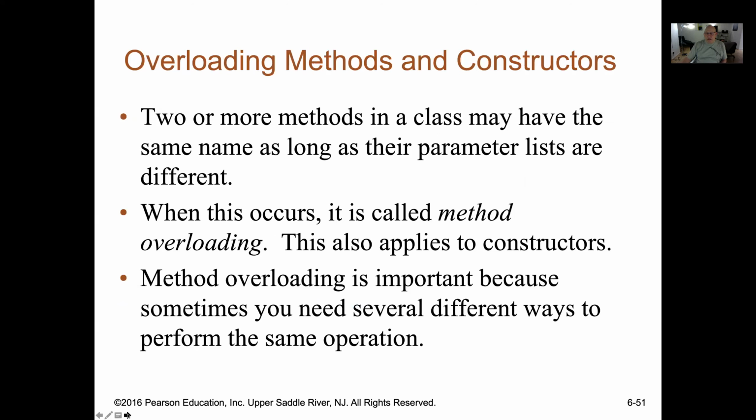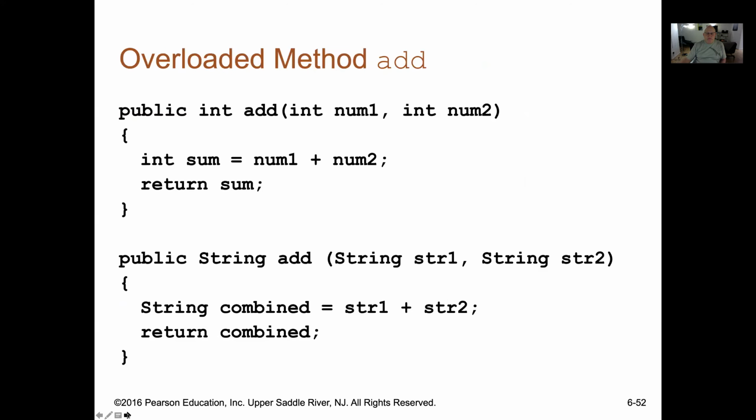Two or more methods in a class may have the same name as long as their parameter lists are different. When this occurs, it's called method overloading. This also applies to constructors. Method overloading is important because sometimes you need several different ways to perform the same operation.